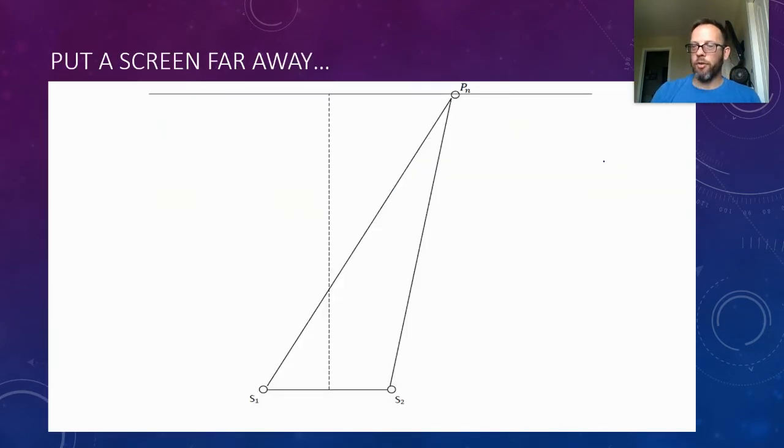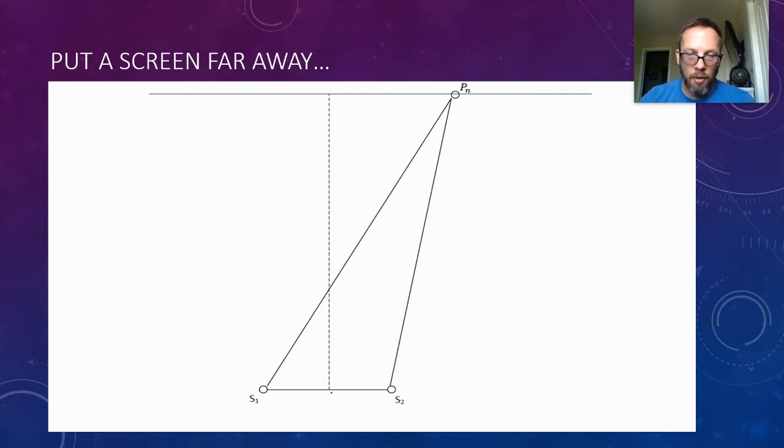So this is what we're going to do. Remember, guys, we imagined our PN being very far away. So this diagram is definitely not to scale. S1 and S2 are our two slits, and they're separated by our distance D, which I can add on there. We're going to add various things to this diagram.